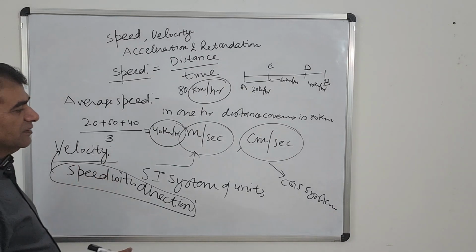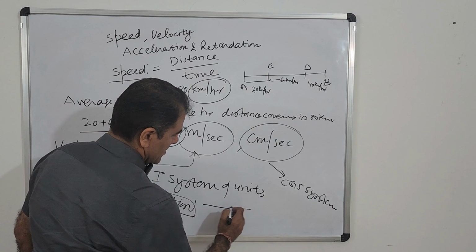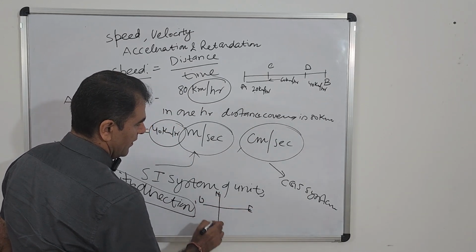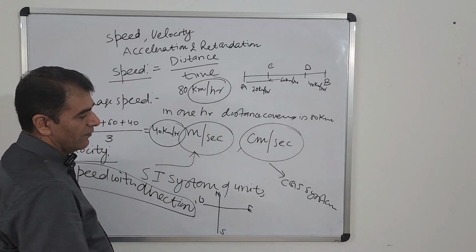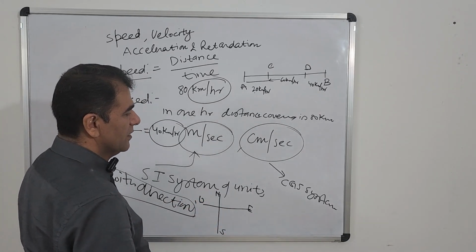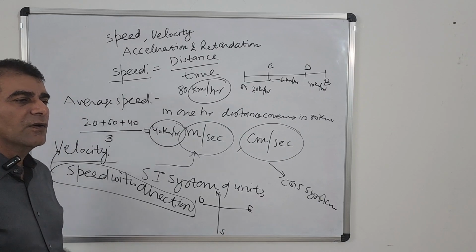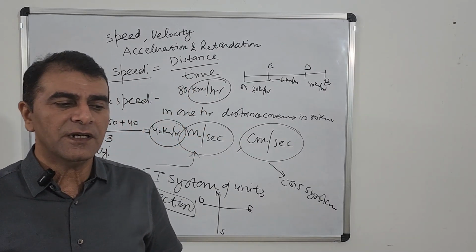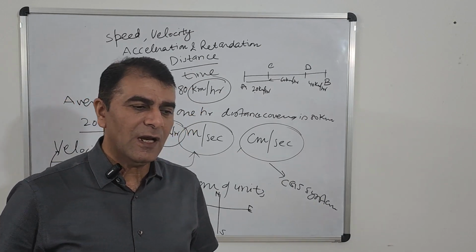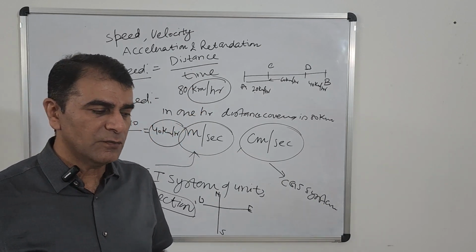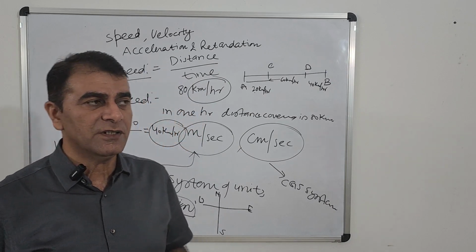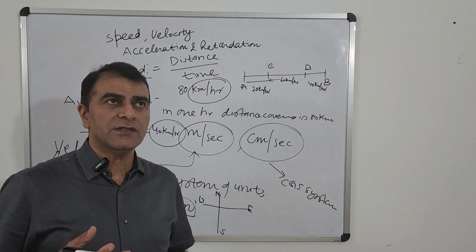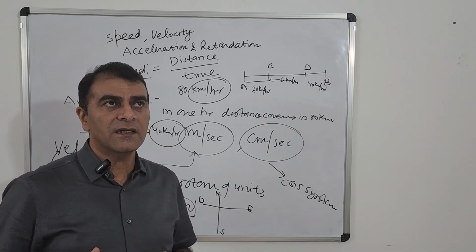Let us say this is north, east, west, south. If you forget how to draw it, there will be a lot of questions when you go to 11th class, or when you study motion even in 9th class, or even in competitive examinations, questions concerning directions.